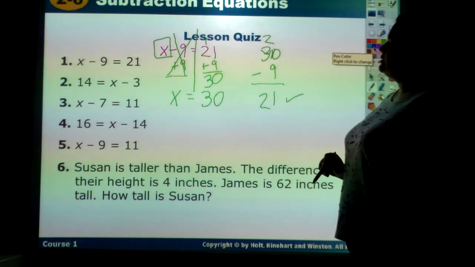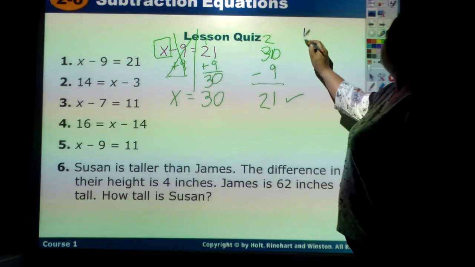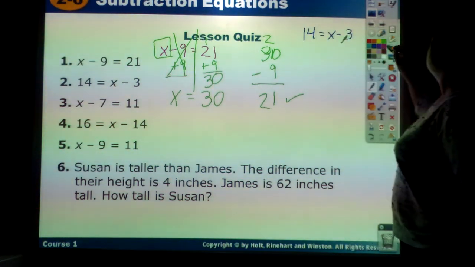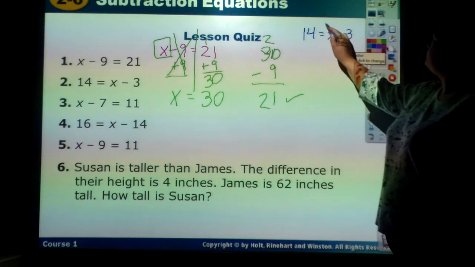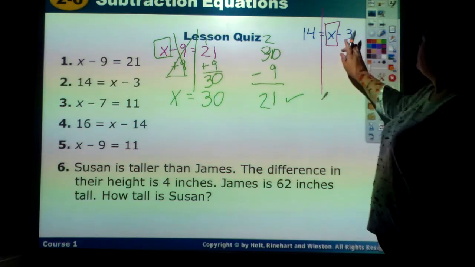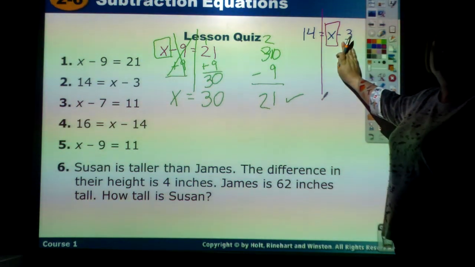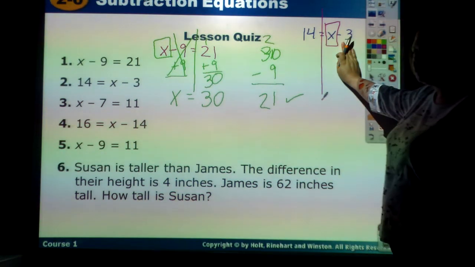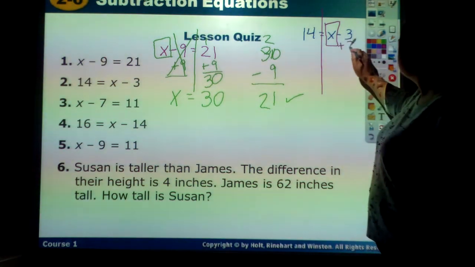Number 2, 14 equals X minus 3. Step 1, isolate that variable and divide our equation in half. Now I have minus 3 here. I need to get rid of that. So to do that, I do the inverse operation or the opposite operation, which is adding 3.